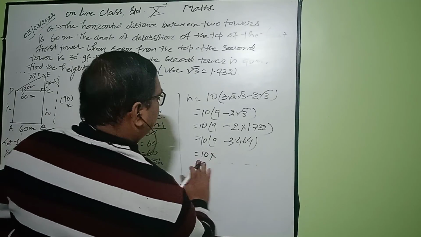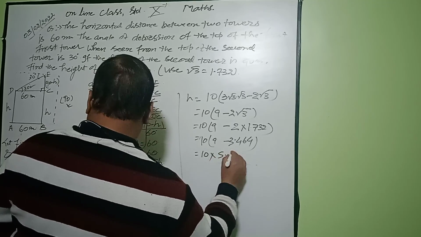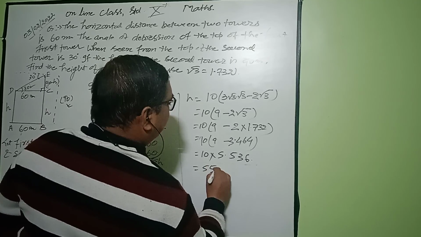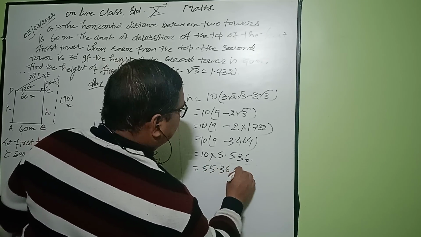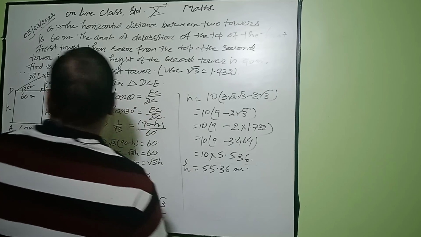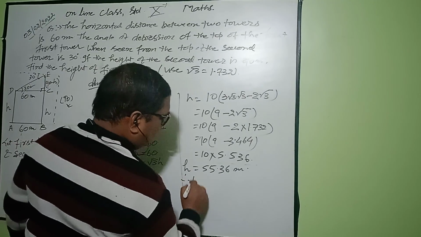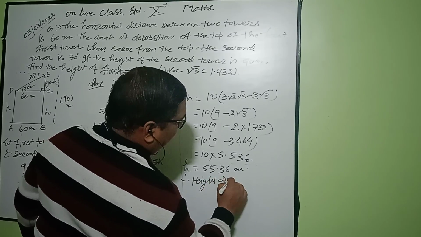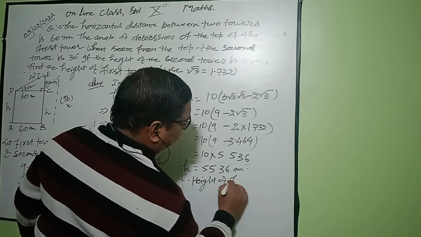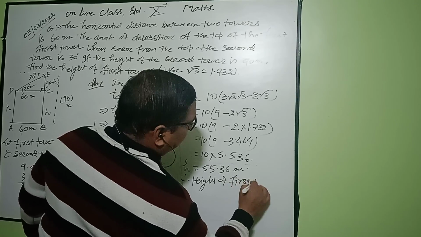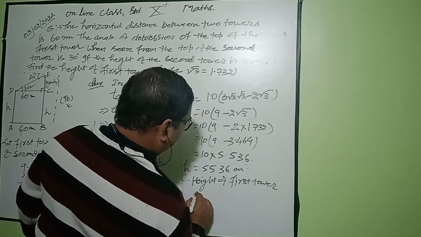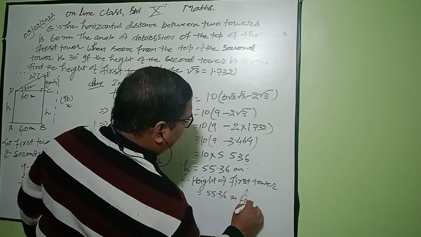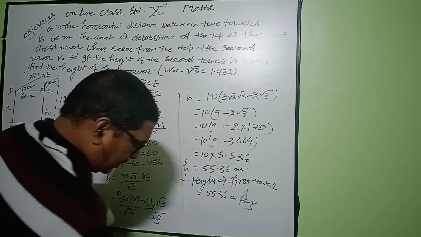Then 5.536 times 10 equal to 55.36 meter. So height of the first tower equal to 55.36 meter.